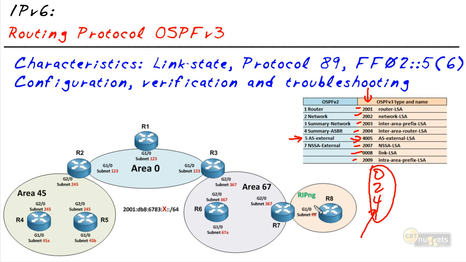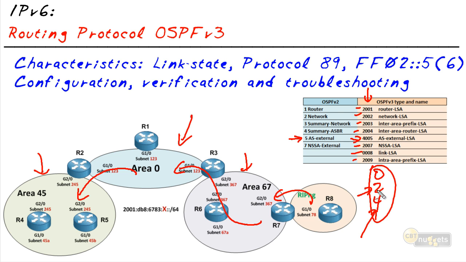So the external route that's being redistributed into area 67, this is a normal area, backbone area, that LSA type 4005 would be forwarded by the ABR to the backbone, forwarded by this ABR but to this area, and that's what the 4 is all about. The next one is a 2, and the 2 refers to the scope of just the area. It's like what happens in Vegas stays in Vegas.